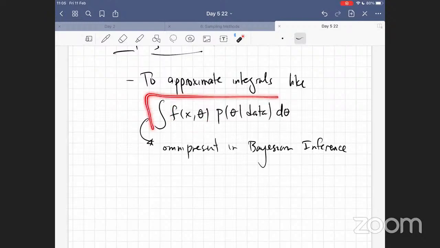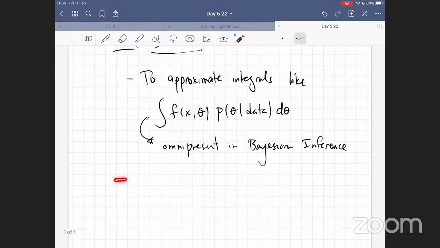Here, instead, you marginalize over theta, thanks to having access to the posterior distribution or an approximation to it. So these methods we are discussing today will allow you to do this, but not only.